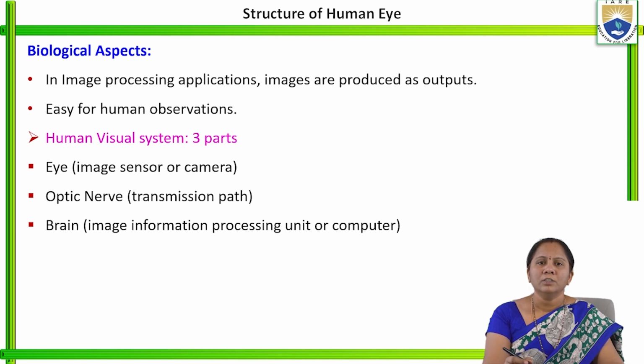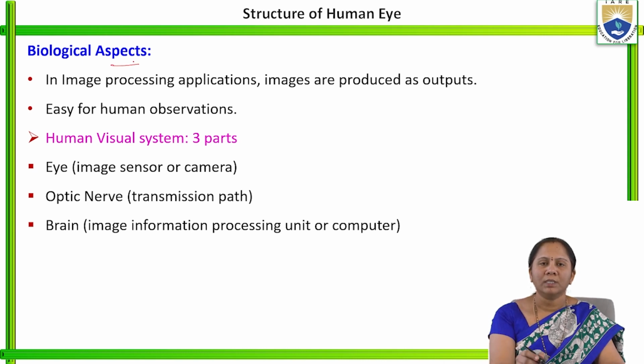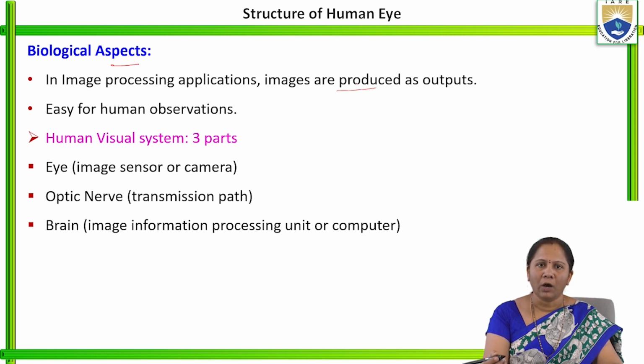Now, coming to the biological aspects: in image processing applications, images are produced as output. For example, for any system, an image is given as input. After it is processed, it produces the output again as a processed image, with some modification done on the image.